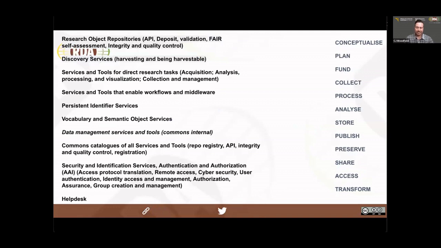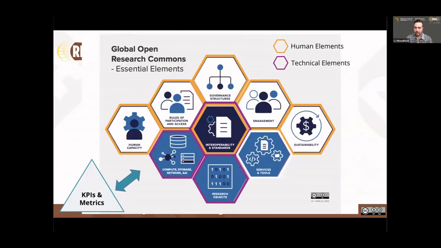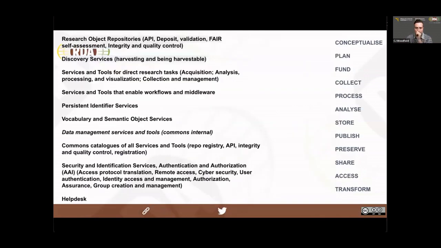So focusing in on the services and tools part, I did an exercise, and it really is an exercise, on mapping between the GORC model for just the services and tools and the research lifecycle stages that you've identified in Maldreth, as well as considering the categories of tools that fall under them. A couple of things before I show anything else with the arrows going back and forth.